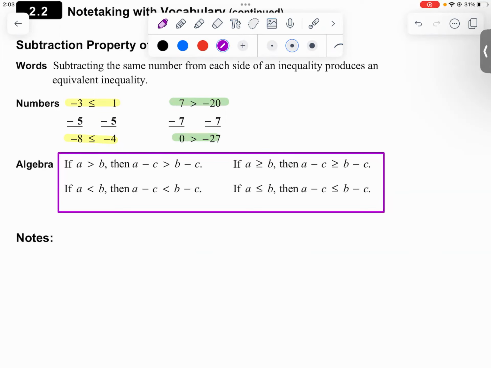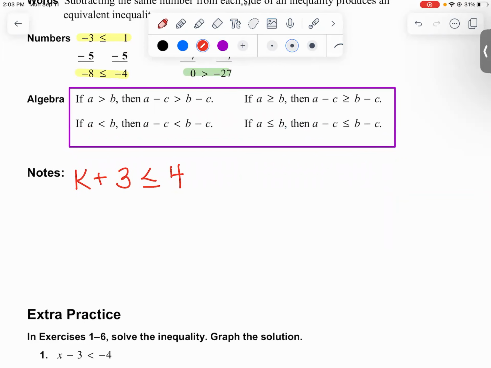Okay. So let's write this down. K plus 3 is less than or equal to 4. On page 36. If I want K by itself, Ellery, what are we going to do to both sides?